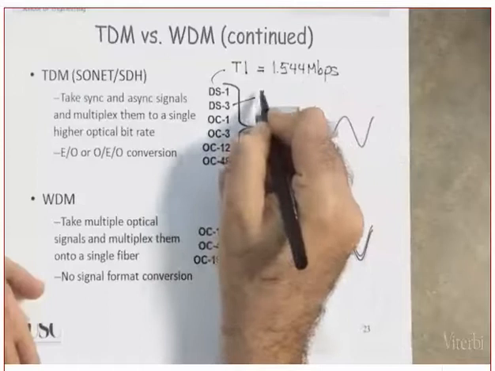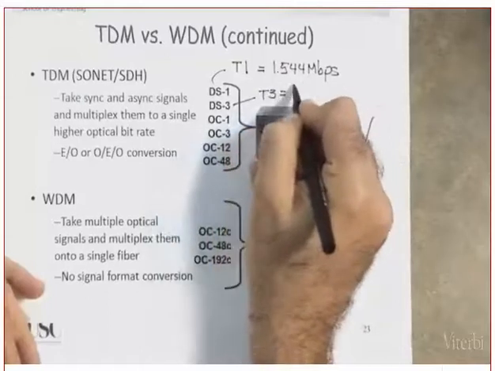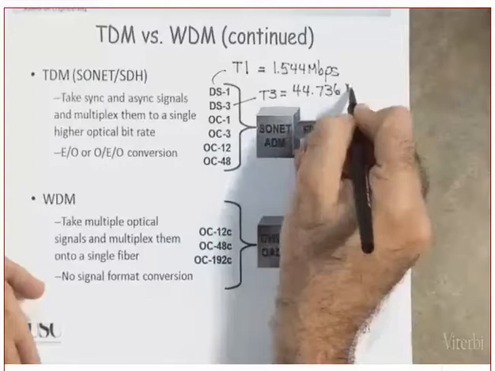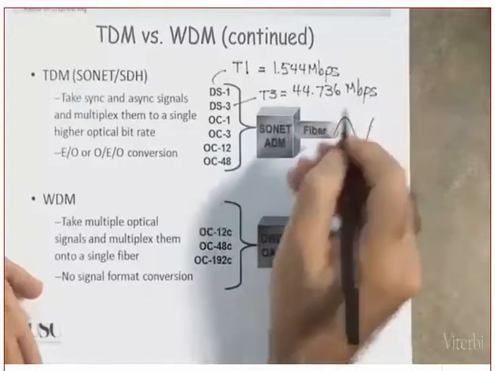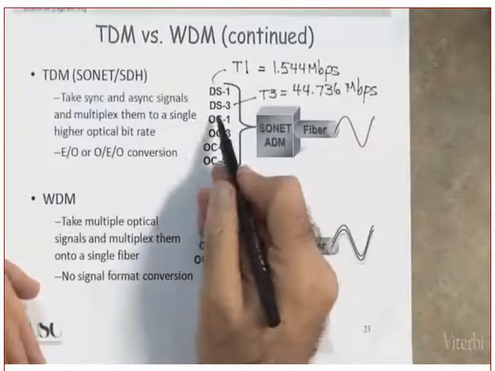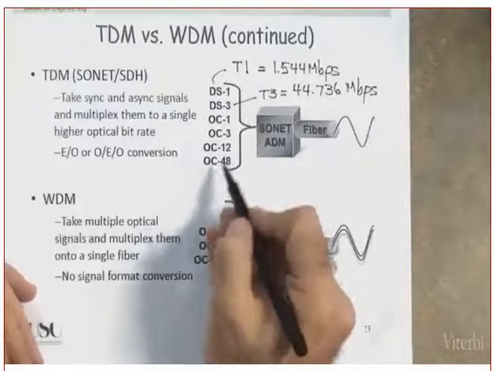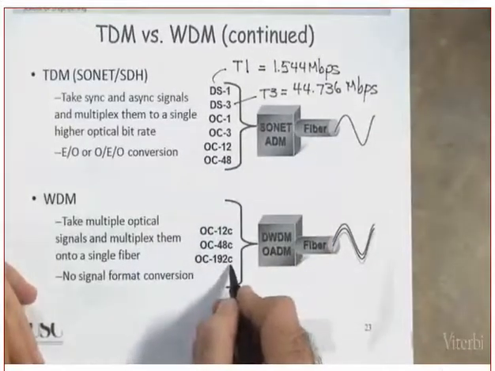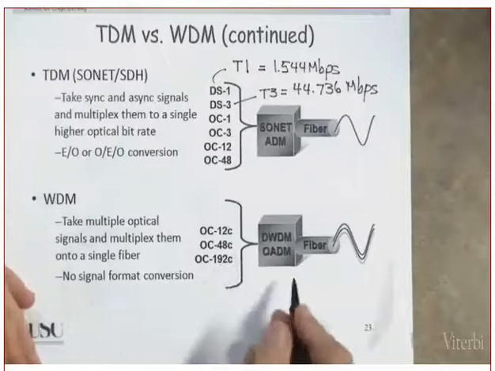What is DS3? Once you finish with the T3, then it becomes all optical. I'll explain later what the C stands for. It stands for concatenated. Let's not worry about that right now.